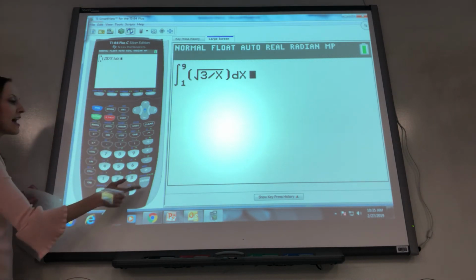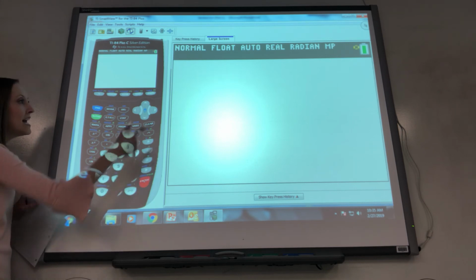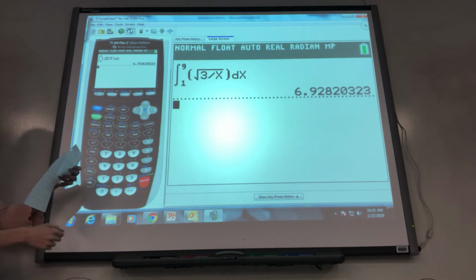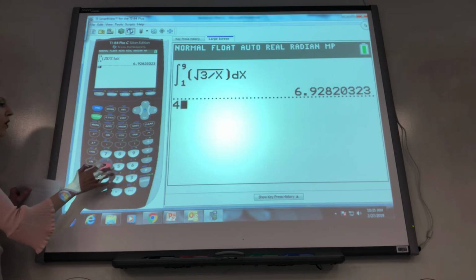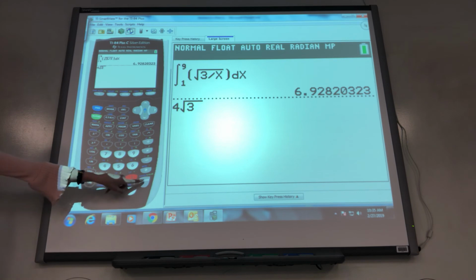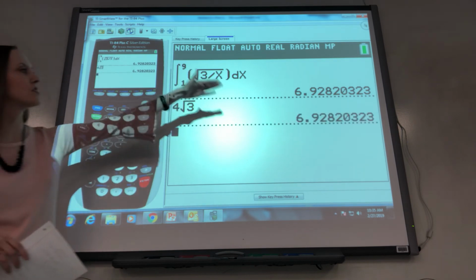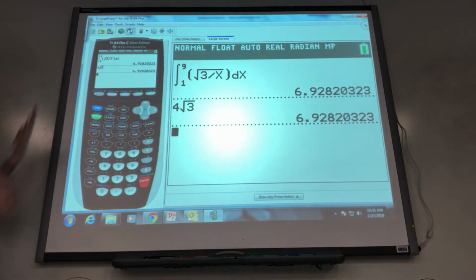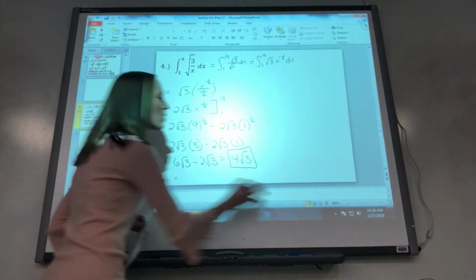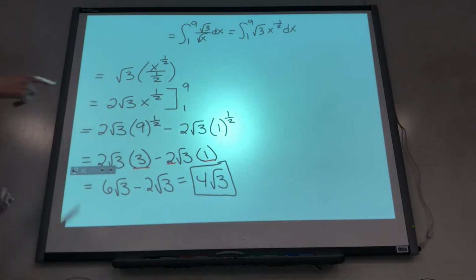So once you set that up and fill it in, our answer was in radical form. What did we get? We got 4 square root of 3. So you actually might want to type that in as well just to make sure it's the same, and it is.